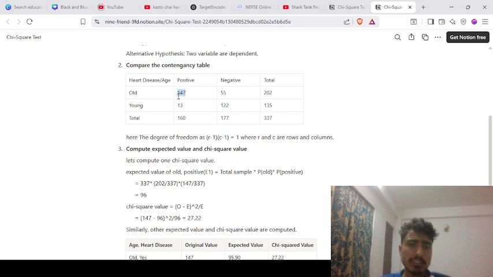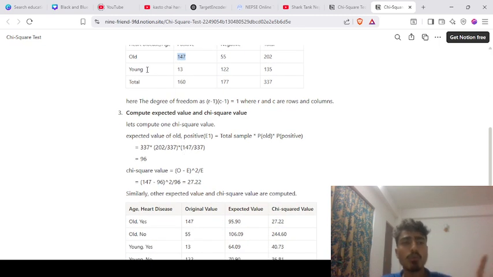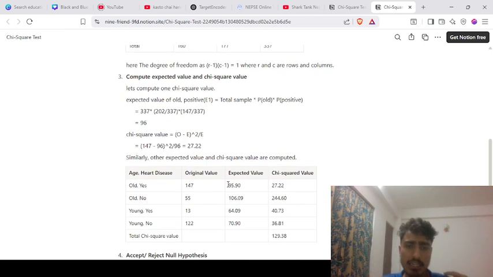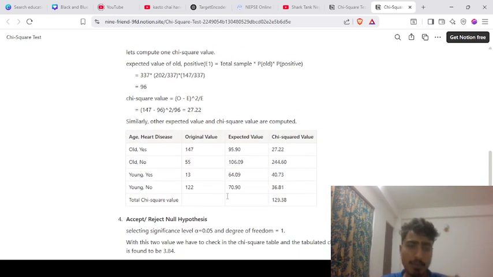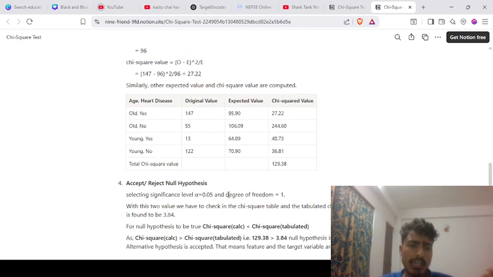These observed frequencies came from the total number of world class in the categorical variable of the original data sets. And the expected value came from this formula, and the chi-square value is here we have mentioned. Likewise, we have calculated all the remaining three chi-square values and expected values.